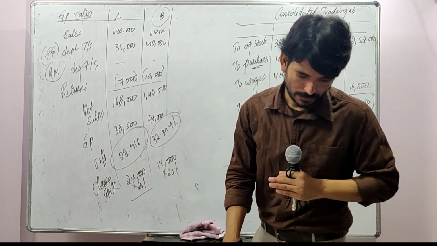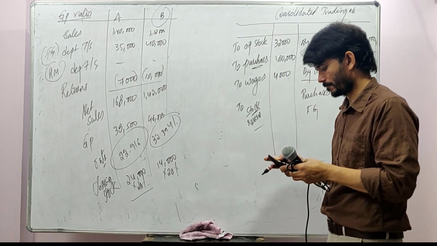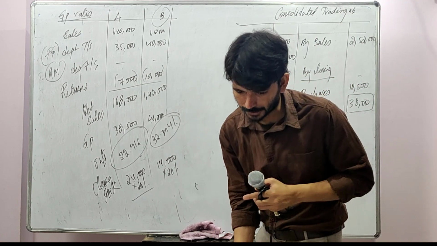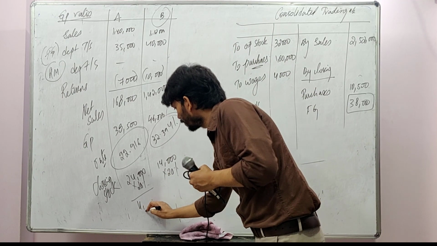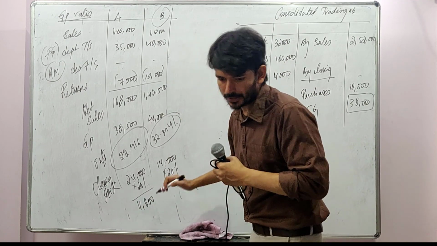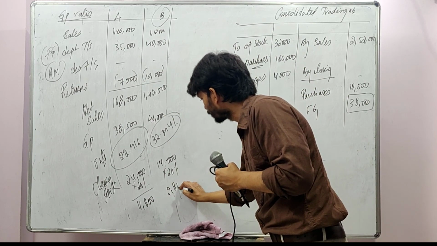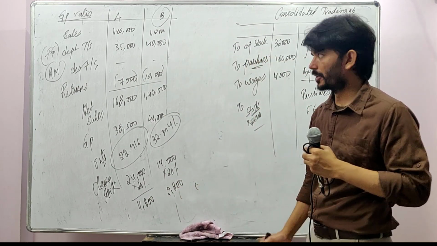So I'll get some amount. 4,800. Here how much will you get? 2,800. Right?